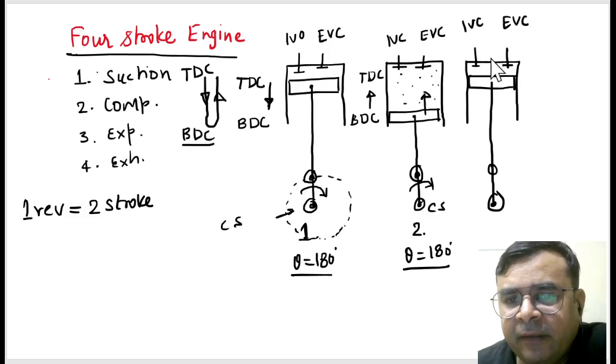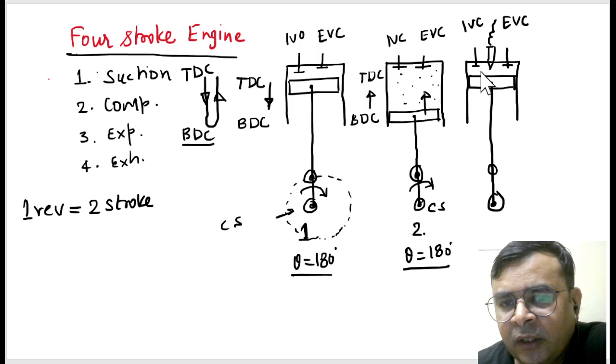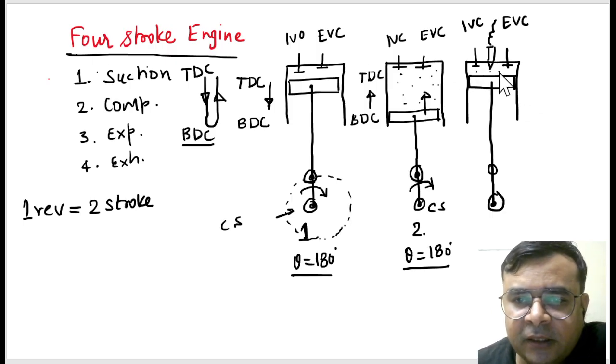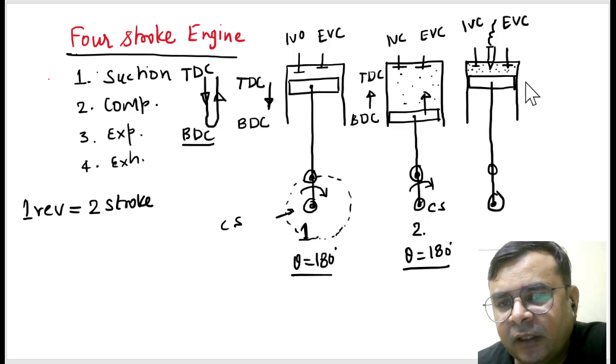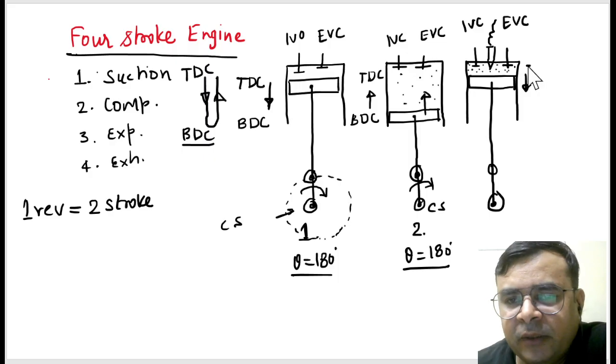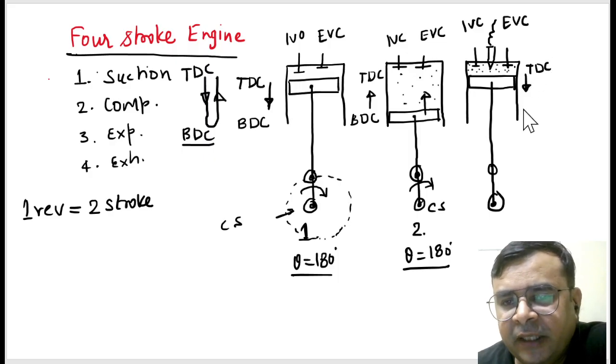But at that time, with the help of a spark plug, we produce a spark so that the fuel gets burned. Is it right? And obviously if it gets burned, then huge pressure arises, and because of that the piston can further move from TDC to BDC. Is it right?